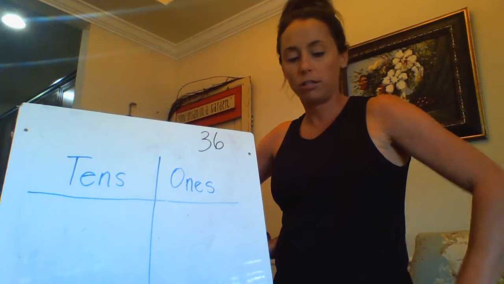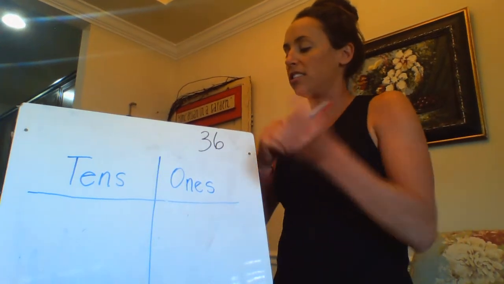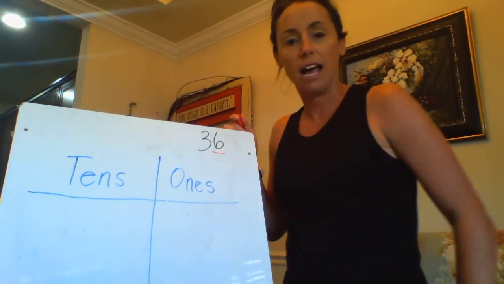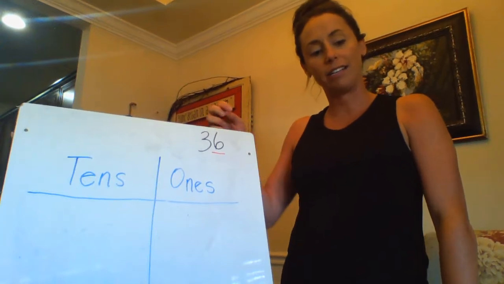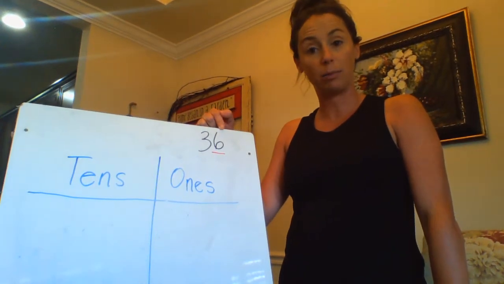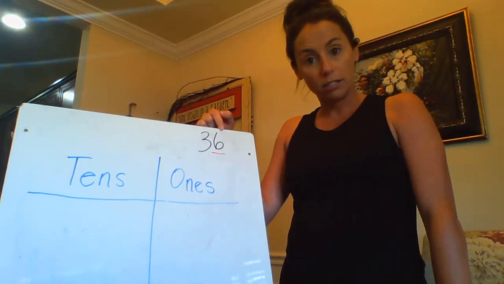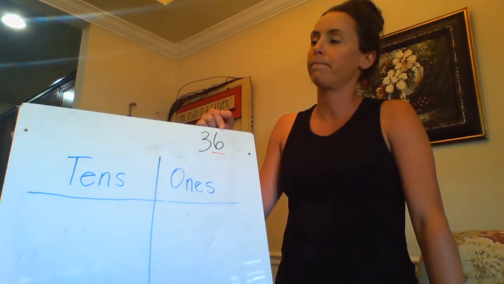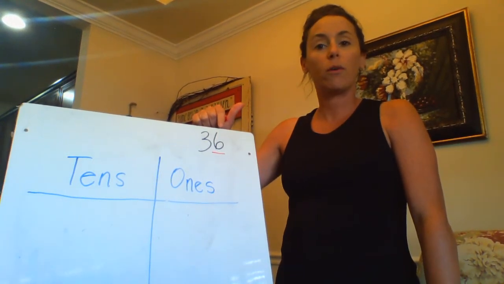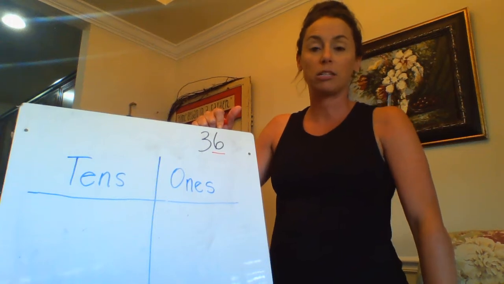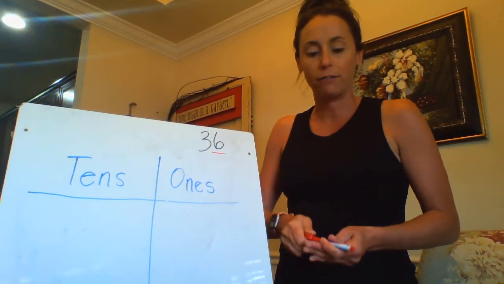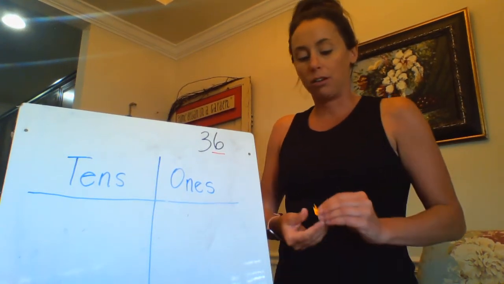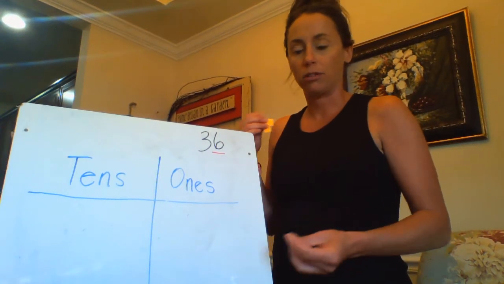Now, I need to look at my 6, and I need to decide, is that 6 in the tens place or the ones place? Remember, the number all the way to the right is in the ones, so that tells me how many ones I have. So I am going to use my fancy notes here.